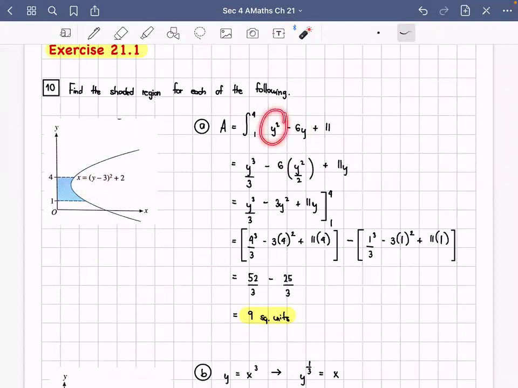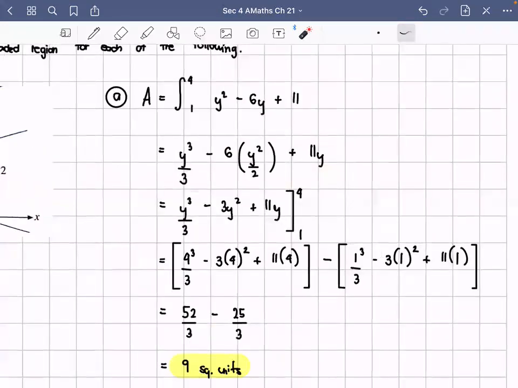So getting the antiderivative of this, we got here y cubed over 3, negative 6y, it becomes negative 6, and then y squared over 2 plus 11y. So simplifying this, 6 and 2 becomes negative 3, and then y squared plus 11y.